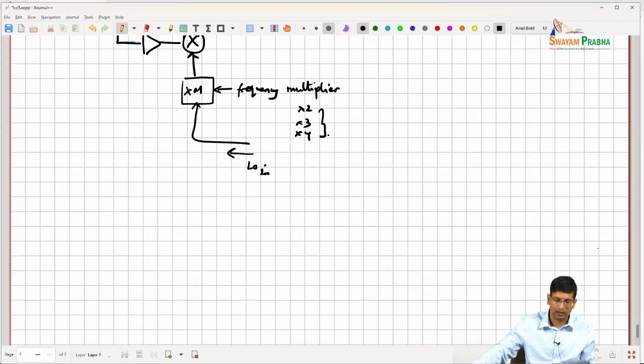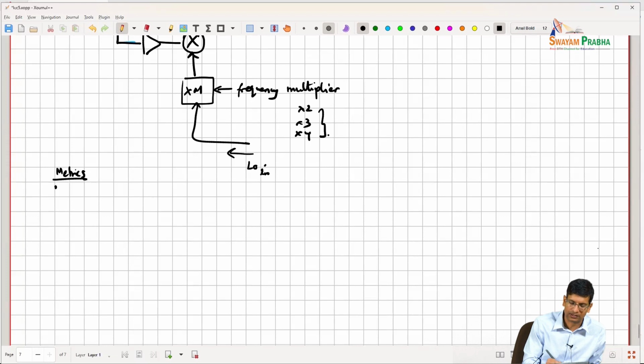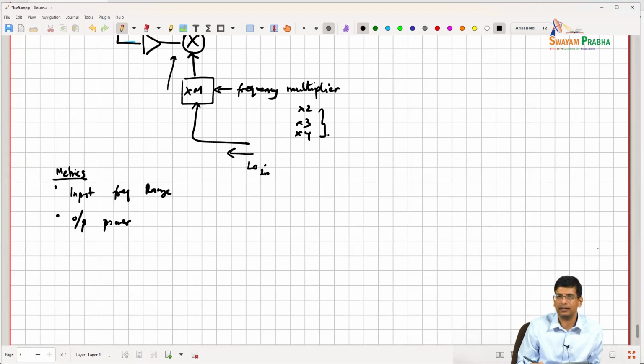So from a spec range, or from performance metrics for doublers, we worry about the input frequency range. We would like enough output power in the doubler because it has to drive the mixer.